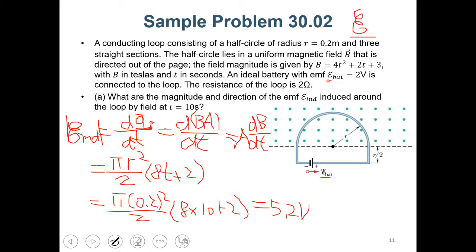And actually the direction is clockwise.